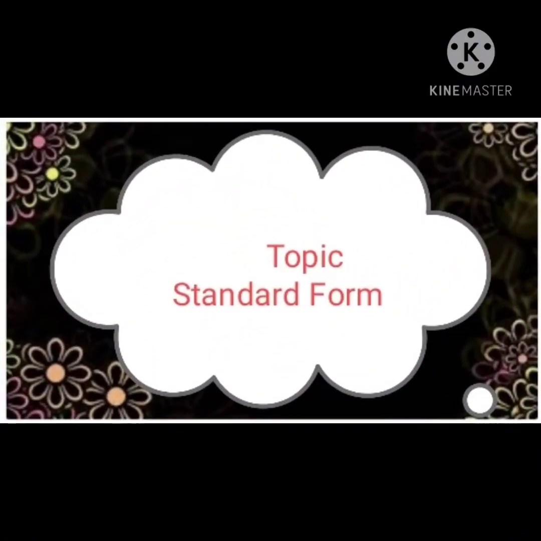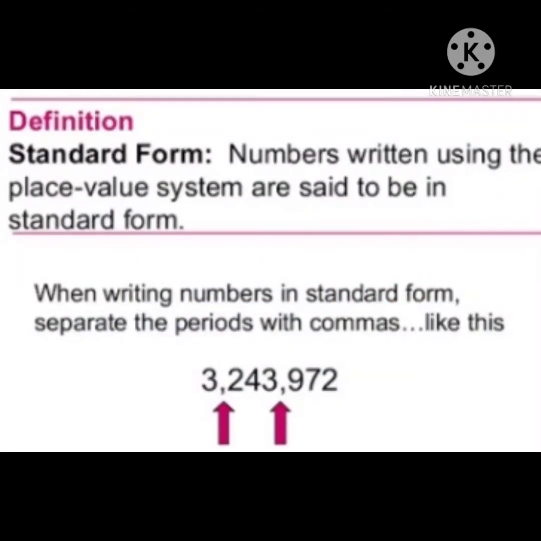The topic is standard form. First we learn the definition. What is the definition of standard form? Numbers written using the place value system are said to be in standard form. When writing numbers in standard form, separate the periods with commas like this. Here 7-digit numbers are given.